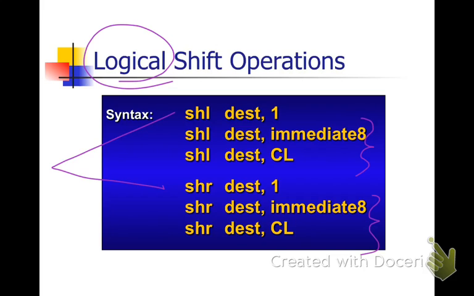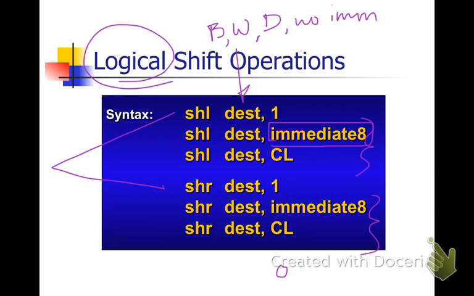The destination can be byte, word, or double word, in register or memory, no immediate value, as usual. Okay? The immediate 8 source for either one of these, since it's an immediate 8-bit value, could be 0 to 255, but how many bits do I have to shift in a 32-bit destination?